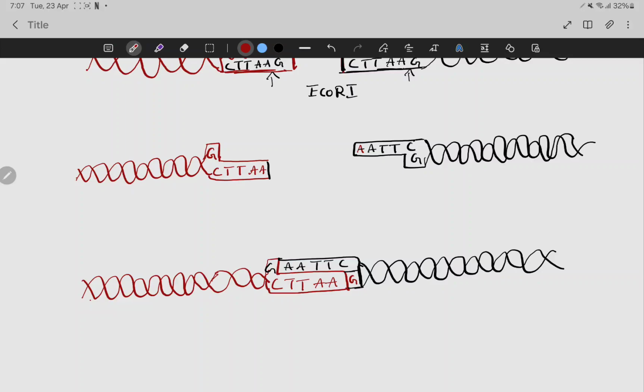So this is how the foreign DNA, and actually here we got sticky ends.